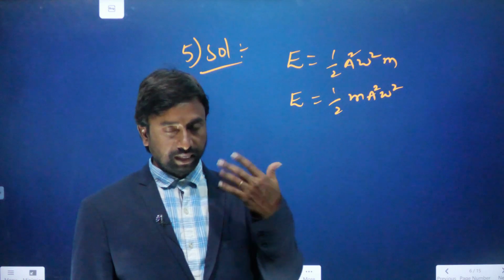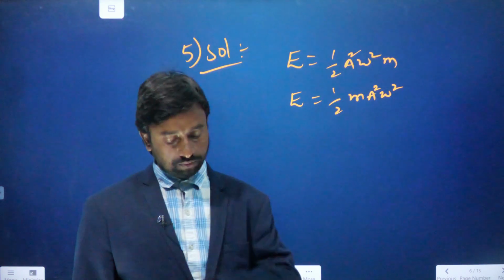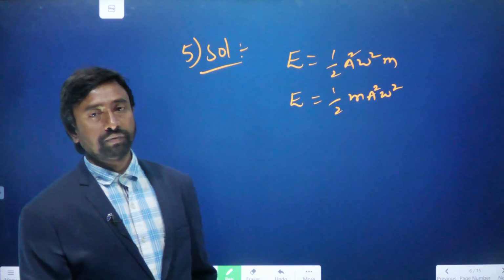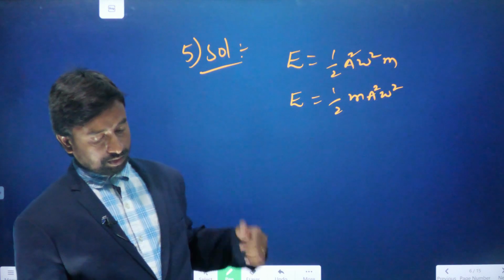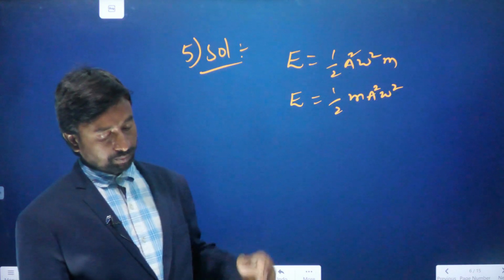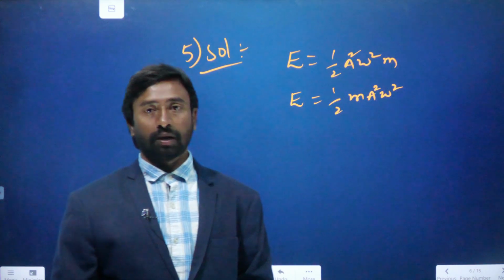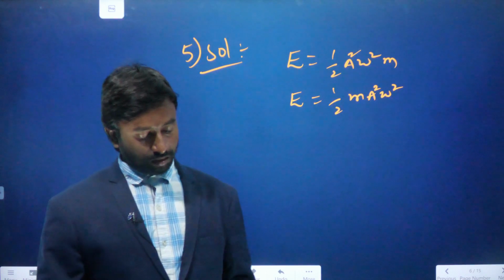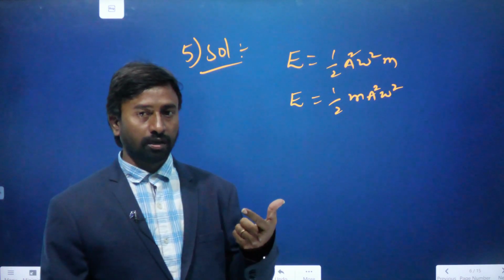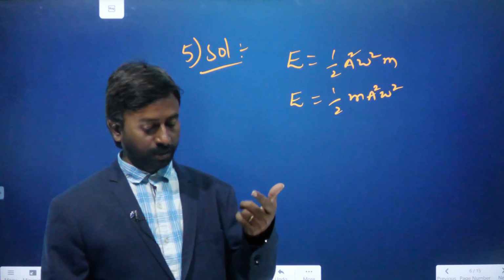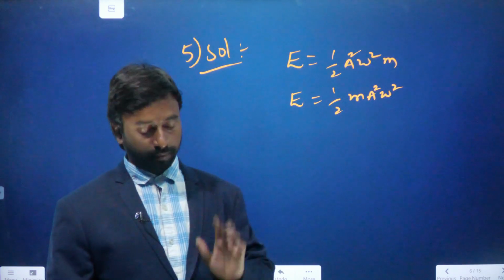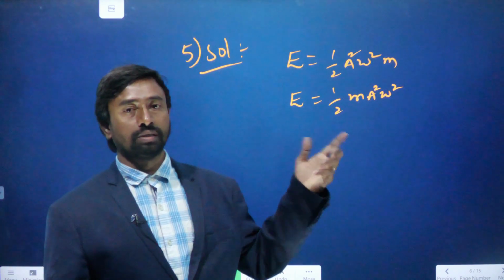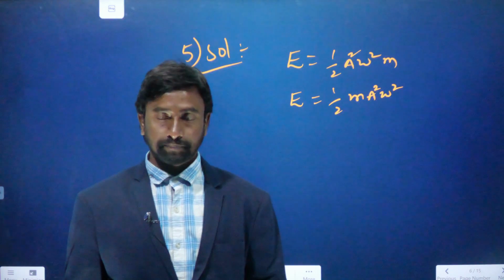From that we get the y value, the displacement, and substituting it in the displacement equation y is equal to a sin omega t, we can get the time, small t.